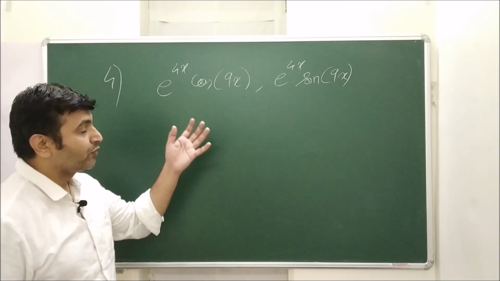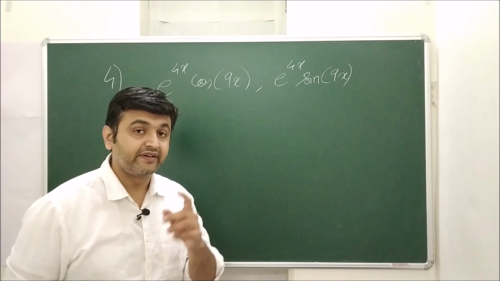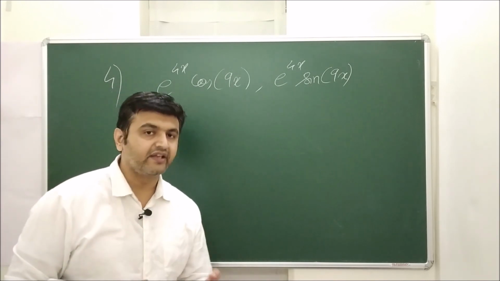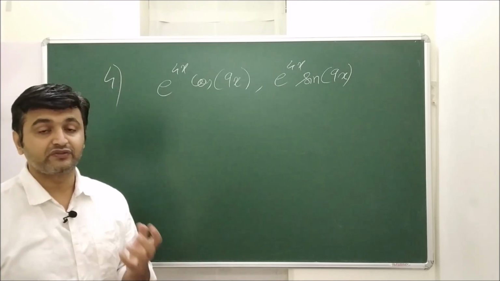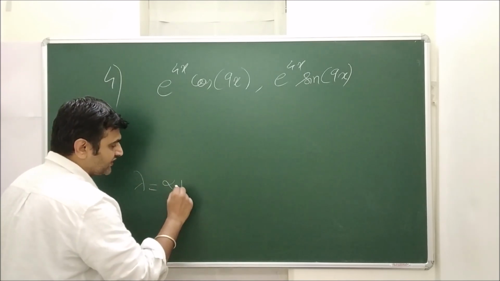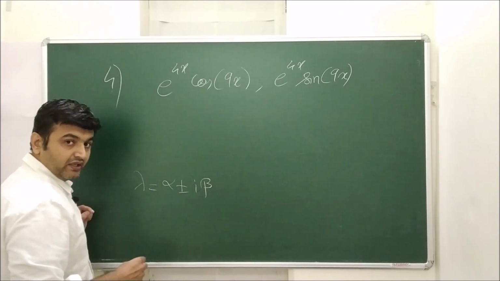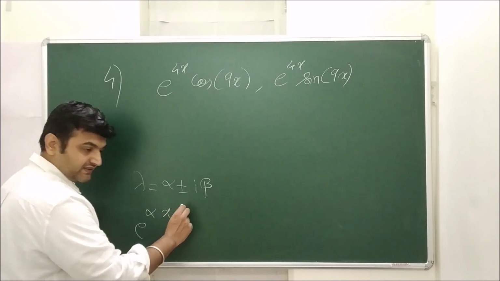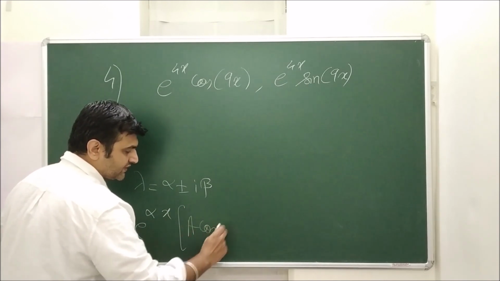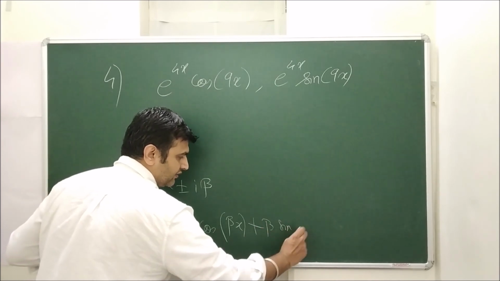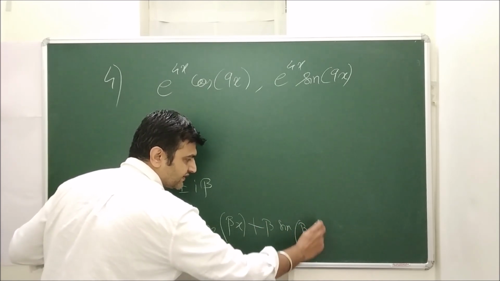Here you see you have a product of exponential and trigonometry. So whenever you have the product of exponential and trigonometry, again it is the one with constant coefficients, because we know that when the roots lambda are alpha plus minus i beta, the general solution looks like e raised to real part into x, into a cos of imaginary part into x plus b sine of imaginary part into x.